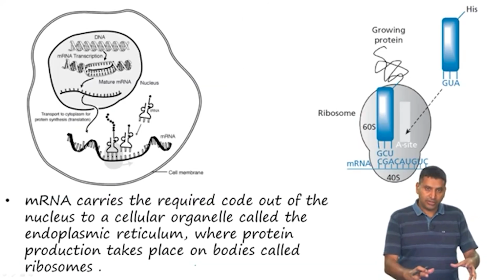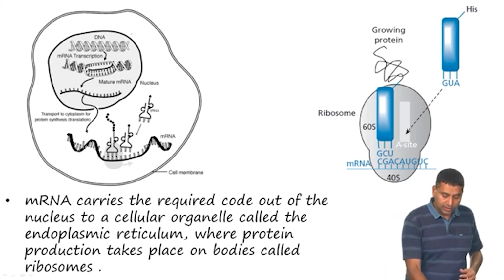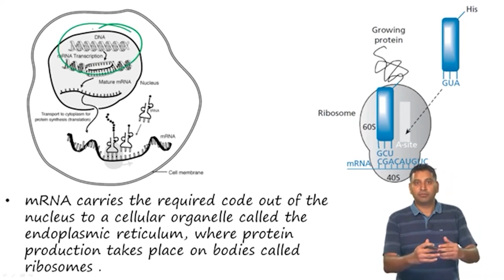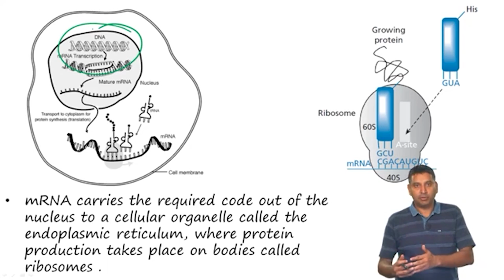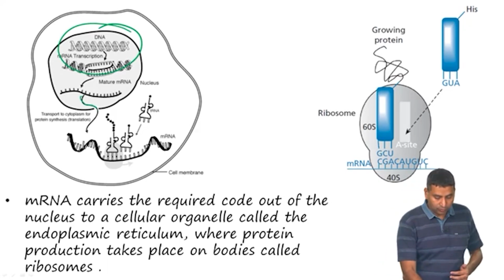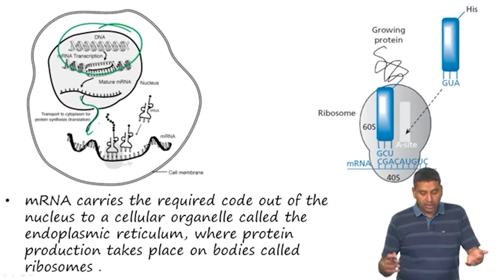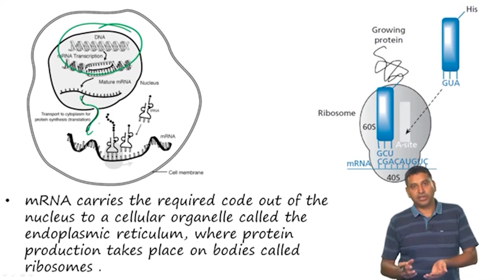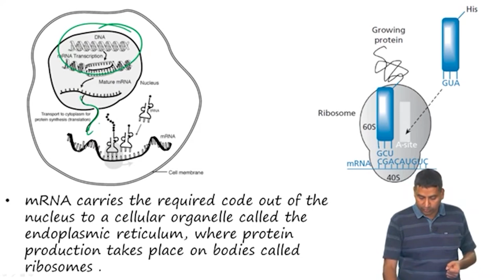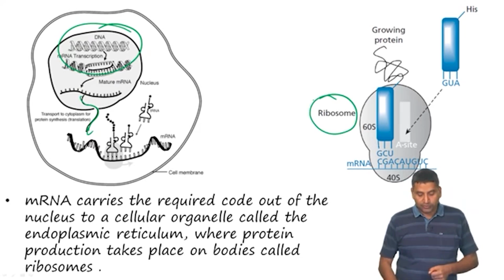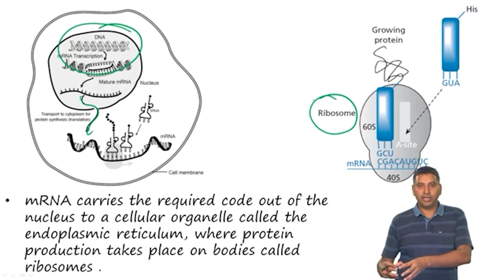In a nutshell, the DNA transcribes the information to mRNA, and this mRNA gets out into the cytosol and goes to the endoplasmic reticulum, where along with transfer RNA and ribosomal RNA, it is able to synthesize proteins. Here we can look at the picture of a ribosome. A ribosome is a very important component in protein synthesis.